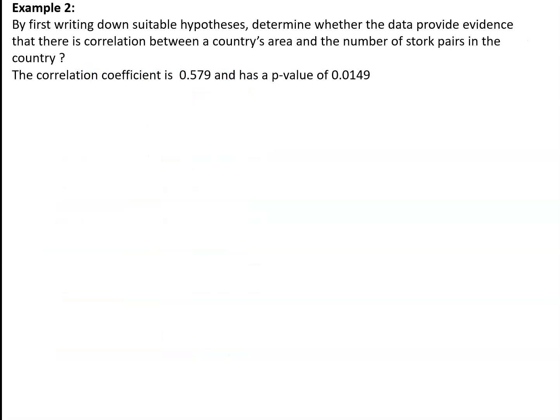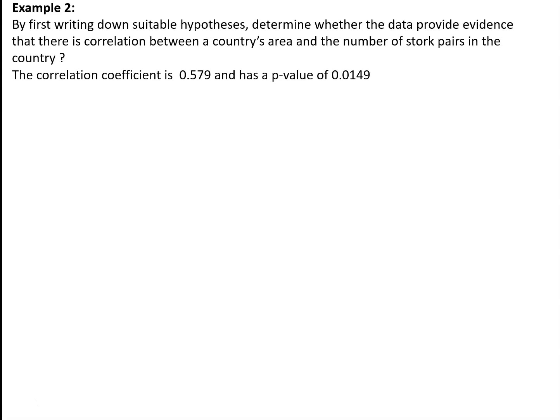First of all, we're going to determine whether the data provides evidence that there is correlation between a country's area and the number of stork pairs in the country. The correlation coefficient was calculated as 0.579 and the associated p-value is given as 0.0149.